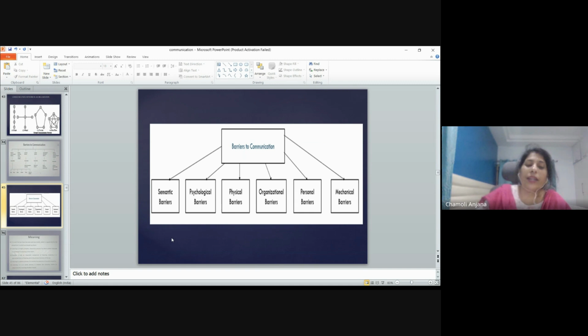So what happened there? The jargon was used by the boss, and the employee was not aware of it, and he took the literal meaning of that word and literally burned the CD. To avoid the confusion, you should know whether the person you are communicating with is aware of those jargons or not.